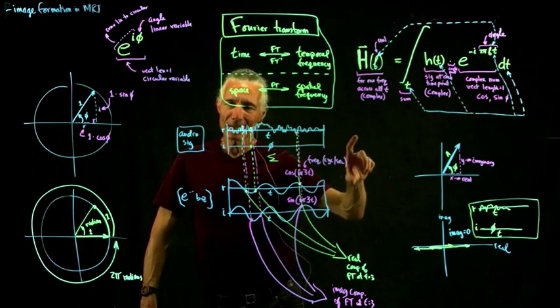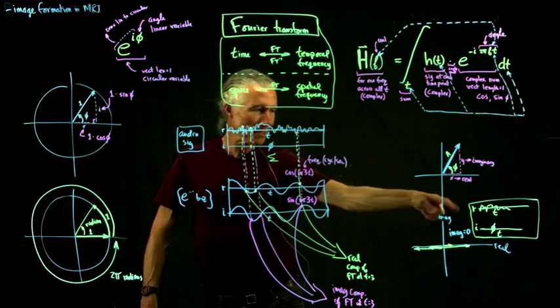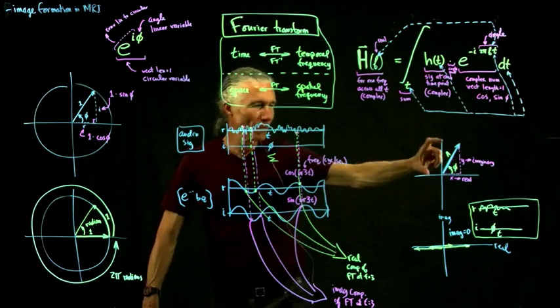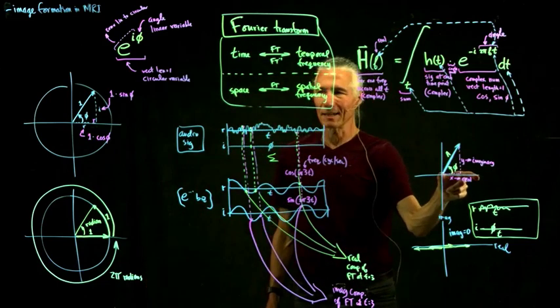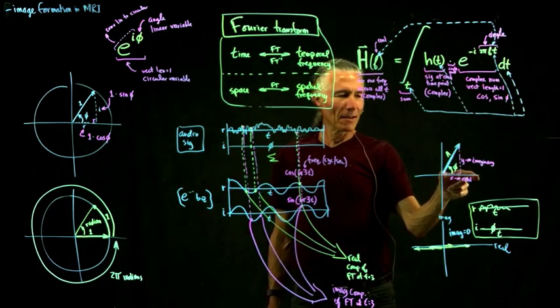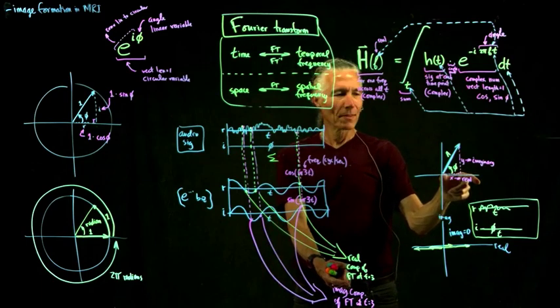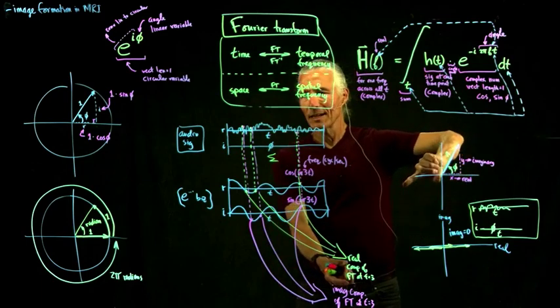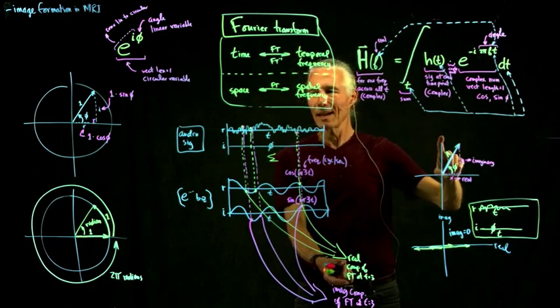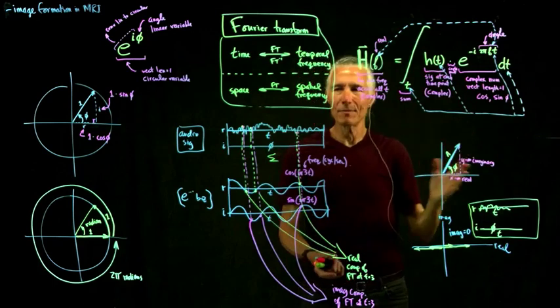And what indicates what it looks like is just what direction the imaginary number is pointing. So if it's pointing down here, it looks a lot like a cosine. If the imaginary number that you get is pointing this direction, it looks like a negative of a cosine. If it's pointing up, it looks like a sine. If it's pointing down, it looks like a negative of a sine, and everything in between.